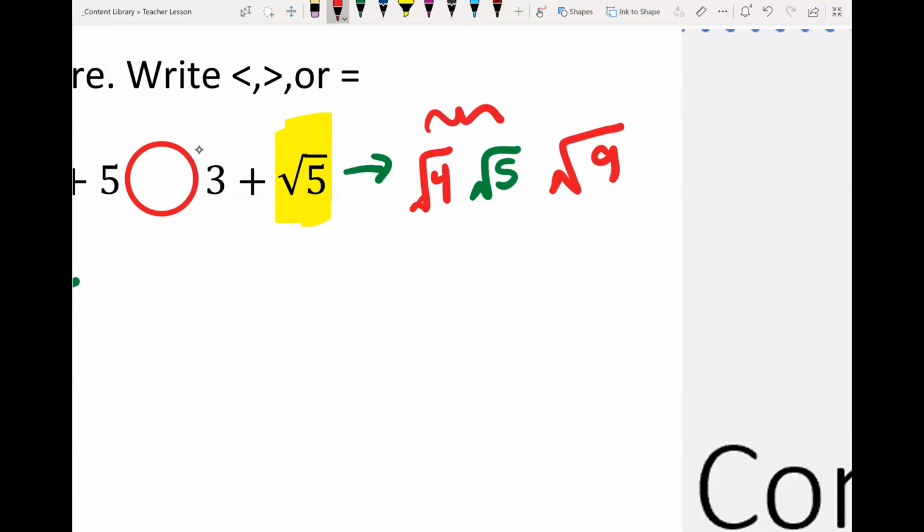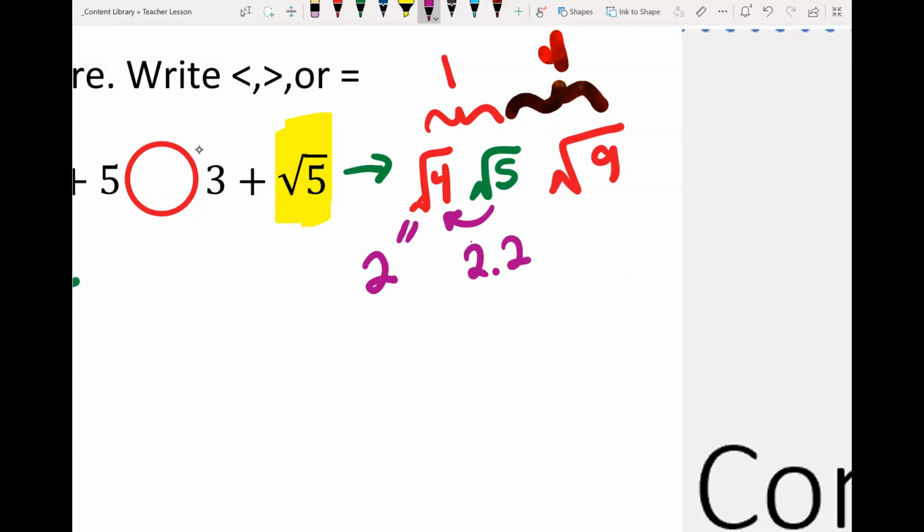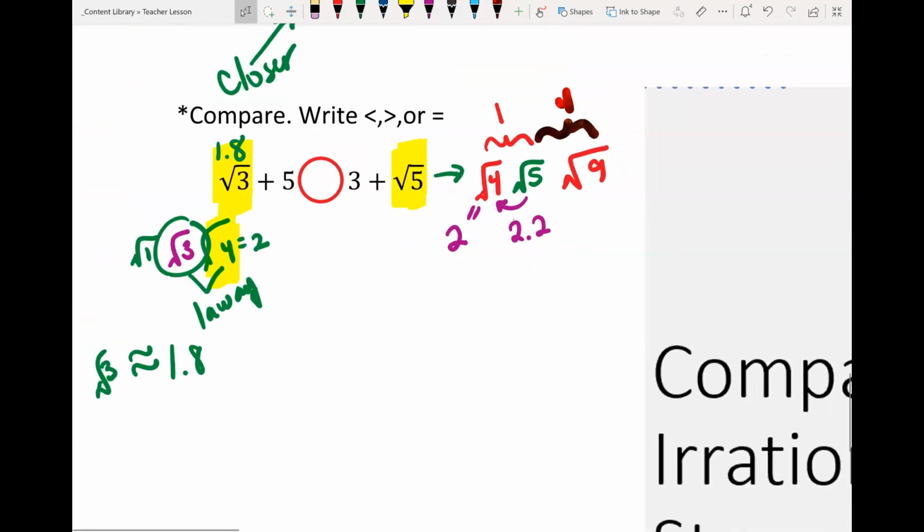The distance away from one is 1, and the distance away from the other is 4. So since this is equal to 2, this number should be closer there, and it should be about 2.2. So the square root of 5 is approximately 2.2.